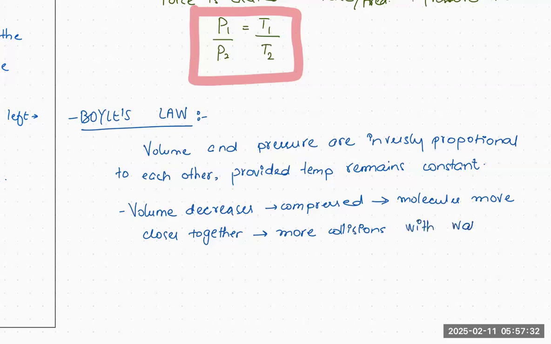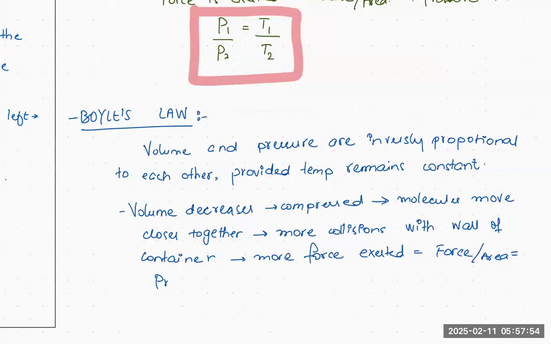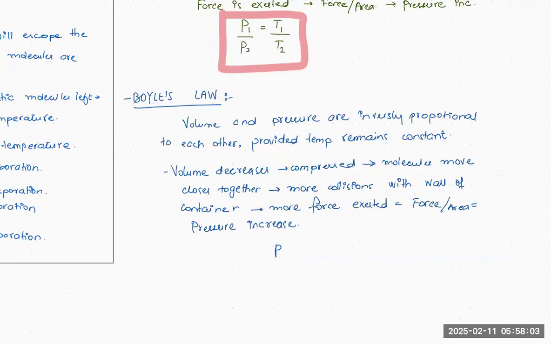So that means there will be more force exerted. Pressure is force per unit area, so pressure increases. So if you decrease the volume, the pressure is increasing. If you increase the volume, the pressure will decrease. So pressure is inversely proportional to volume.